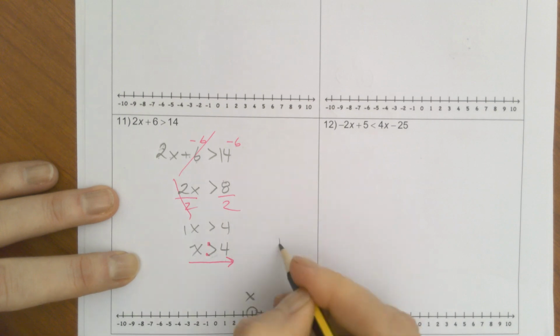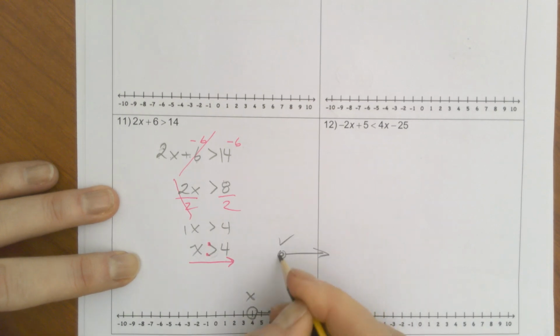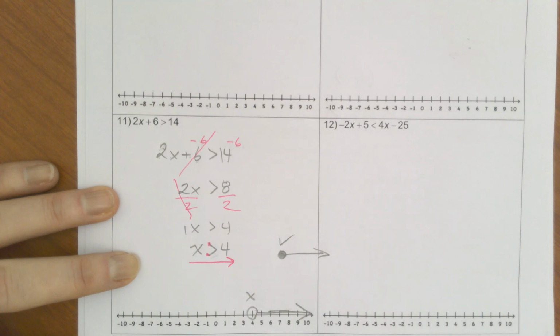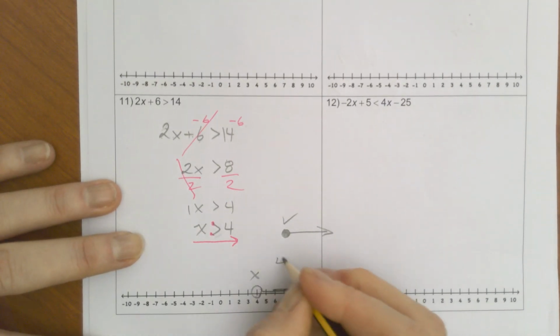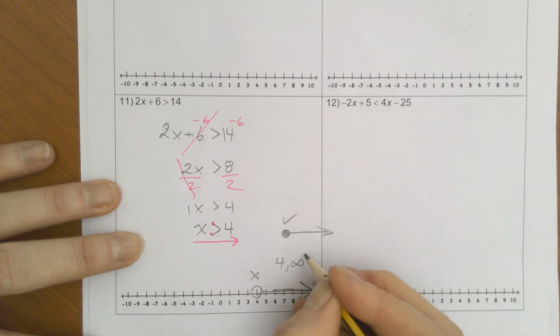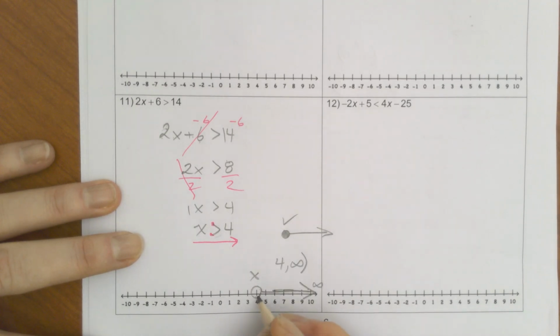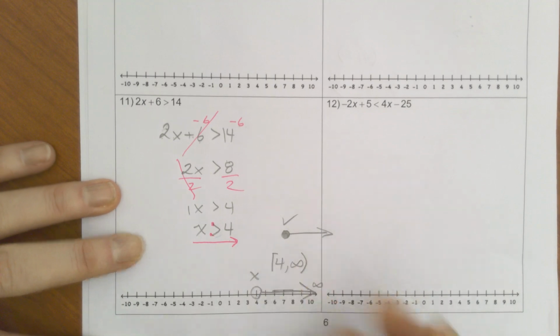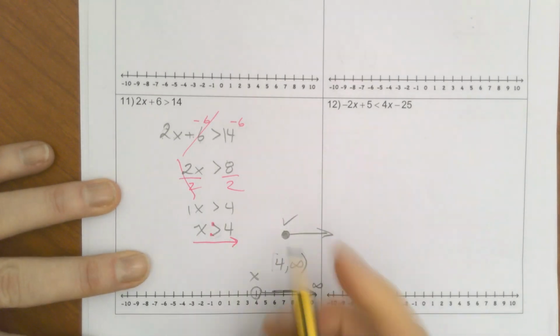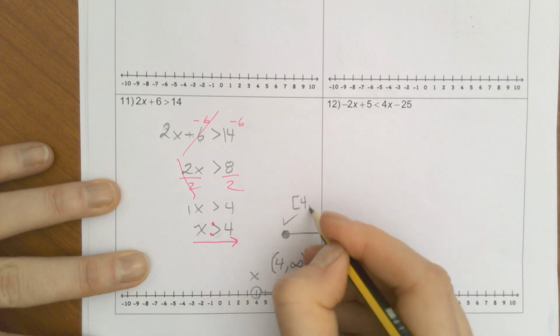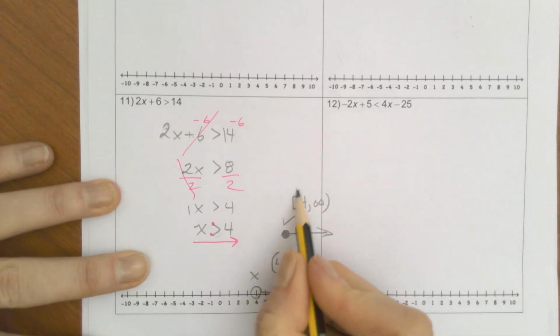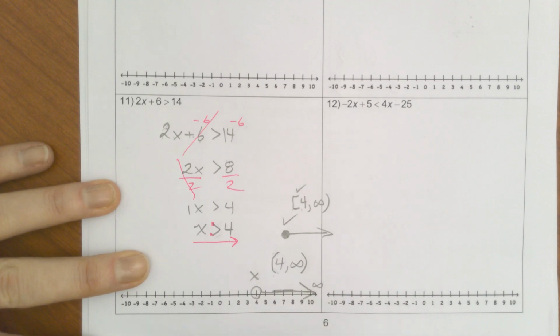If I wanted the 4, then I would close the circle like that. But I don't want the 4. So this goes from 4 all the way to infinity. Infinity's always round. I don't want the 4, so it would be round. Here, if I wanted the 4, it would be a square bracket. I want the 4, square. I don't want the 4, round.